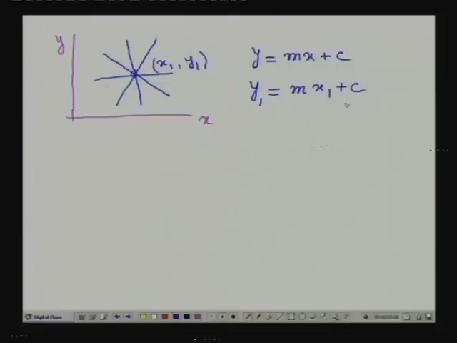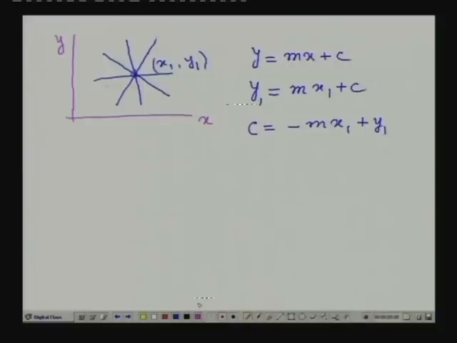So, now I can rewrite this equation, y 1 equal to m x 1 plus c, as c is equal to minus m x 1 plus y 1. Here x 1 and y 1 are constants, and c and m are variables.